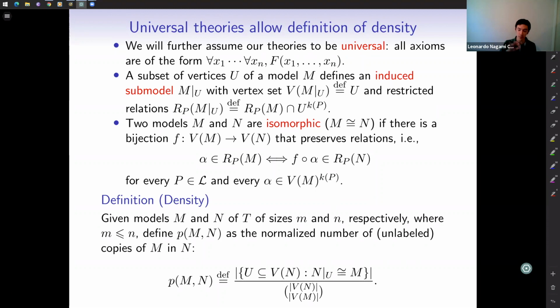If I give you two models M and N, the density of M in N is computed as the normalized number of unlabeled copies of M in N. You look at all possible sets of vertices in the larger model, and you count how many of these induce a model that is isomorphic to M. Then you normalize by the maximum possible number that you could see, which is just the binomial coefficient: the number of vertices of N choose the number of vertices of M. This is the analog of asking what the triangle density is in a certain graph. You look at all possible sets of size 3, count how many of them give a triangle, and normalize by N choose 3.